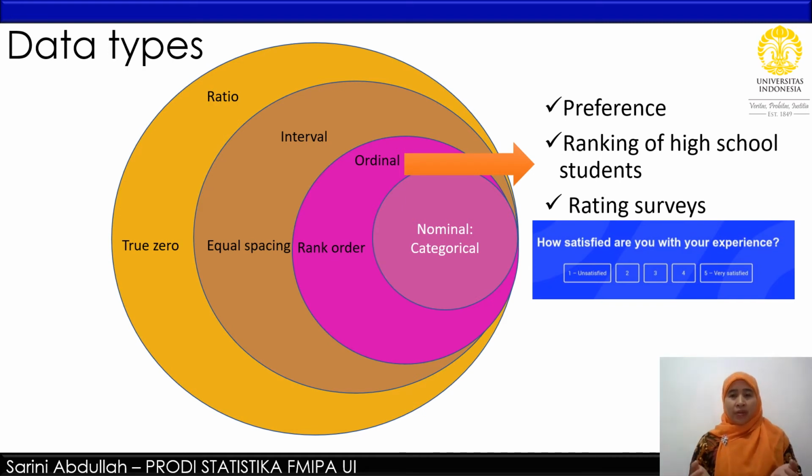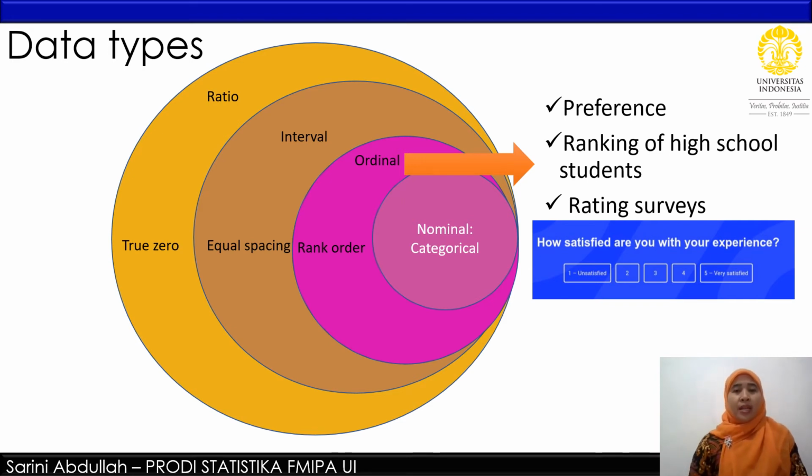Or the rating of a survey, like how satisfied are you with your experience. Check 1 if you are unsatisfied, 2 if it's better than that, all the way up to 5 if you are very satisfied with it. These kinds of measurements are called ordinal, where one category is on top of the other category.